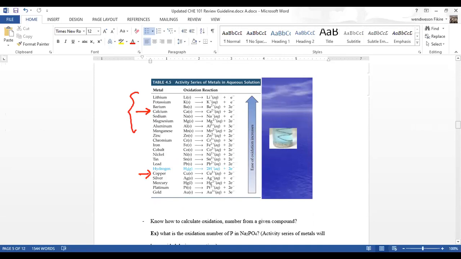So if there is a reaction between calcium and copper chloride, there's going to be a reaction because calcium is above copper, which is more reactive. It can easily be oxidized. Then it's going to be calcium chloride and copper. So in that case, calcium is oxidized and copper is reduced.